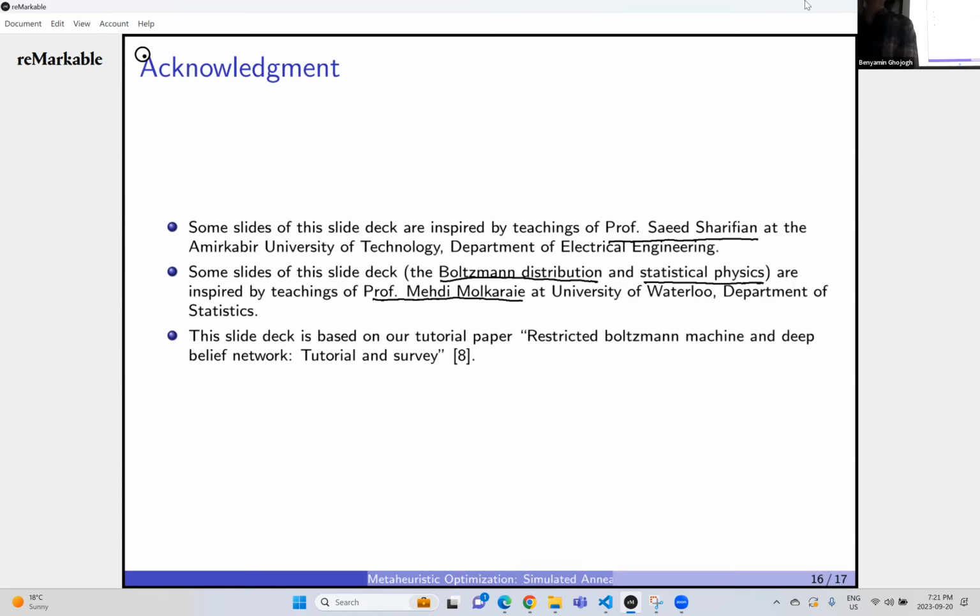He has a very good graduate course, I think about Markov chain Monte Carlo, and also he talks about statistical physics. This slide deck is also based on some parts of our tutorial paper, Restricted Boltzmann Machine and Deep Belief Network: Tutorial and Survey, especially for the Boltzmann distribution. Okay, these are the references.